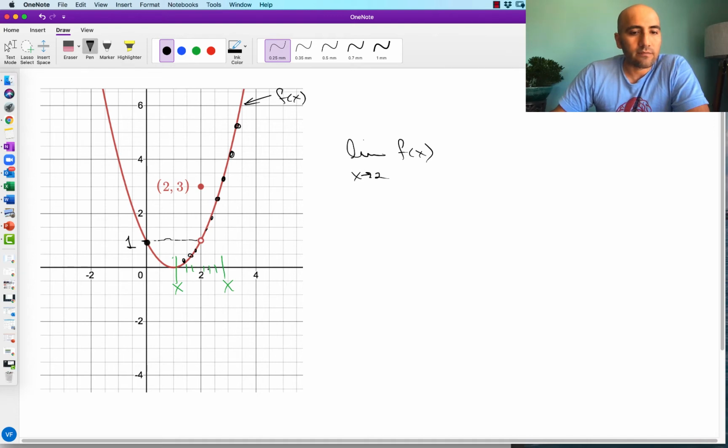This guy right there. Okay, so I can tell, proof by picture again, that the limit as x approaches 2 of this function is going to be equal to the number 1, right?